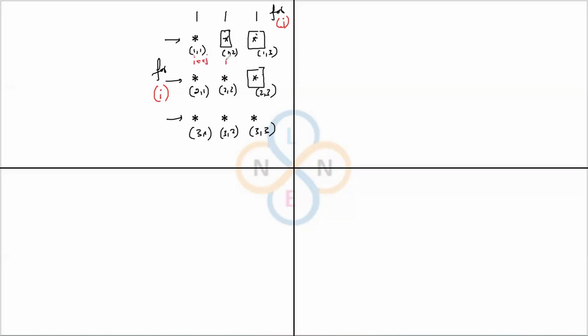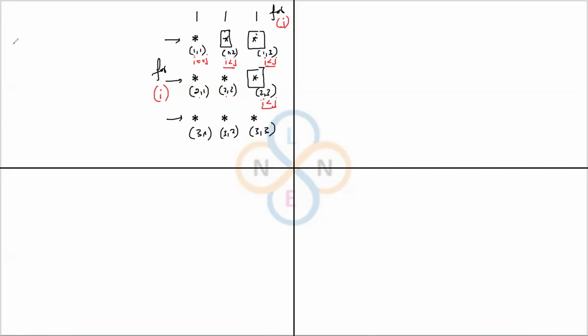Then 1 comma 2, i is less than j, and i is also less than j for 1 comma 3. Then here i equals j, but here i is less than j. So in this entire square pattern, where i is less than j, we don't want to print a star. That's the understanding of this one.